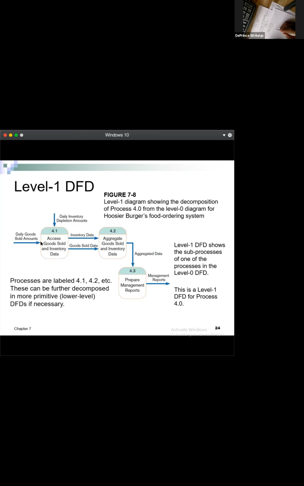And what happens here? You have your customer. You have your kitchen. You have your send order, receive receipt, send order, receive order.